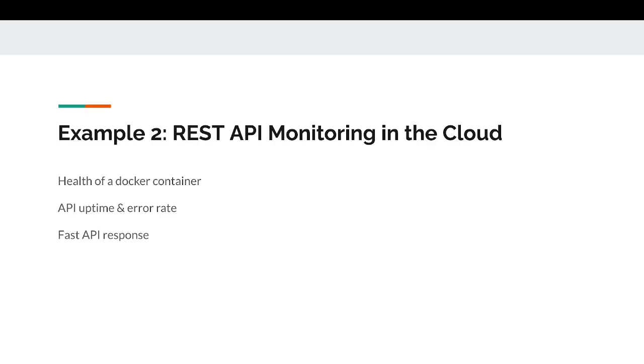Let's say you are running an API inside a Docker container in an AWS cloud, for example. What could be the possible health indicators? Whether the containers are restarting or not, whether your API is returning successful responses, whether your API is responding fast enough, so the request duration.